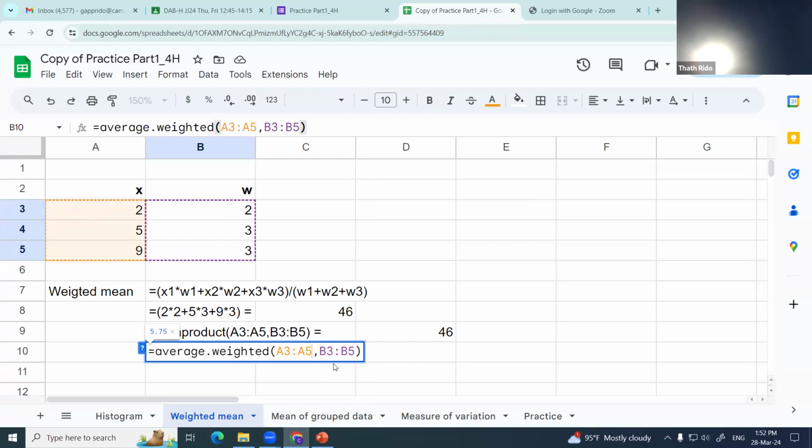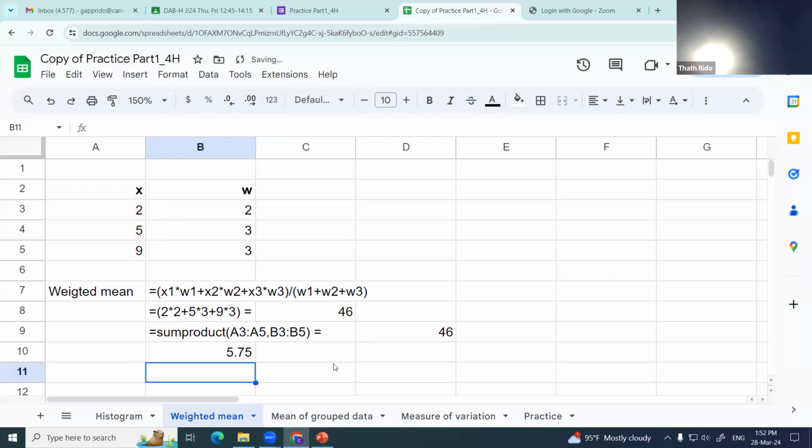Oh, I think I was wrong. I forgot to divide by the weights. So the formula is x1 times w1 plus x2 times w2 plus x3 times w3, divided by the sum of the weights, in this case 2 plus 3 plus 3. I forgot the denominator.